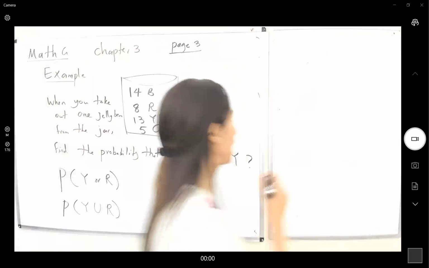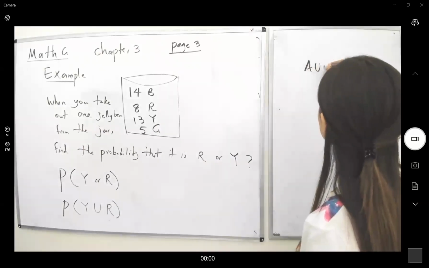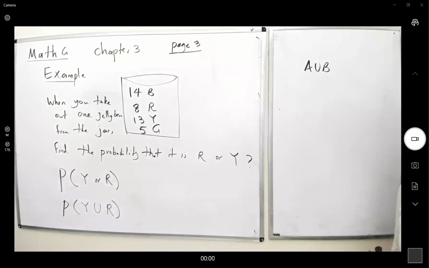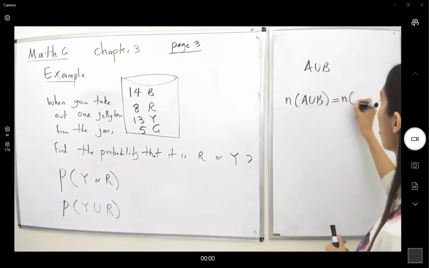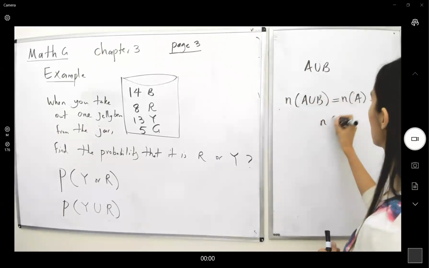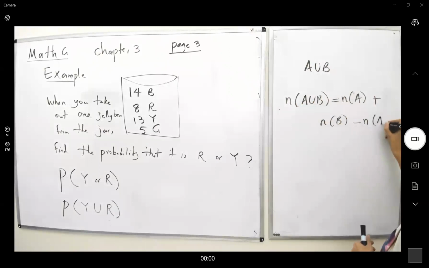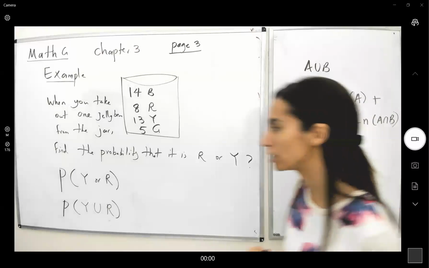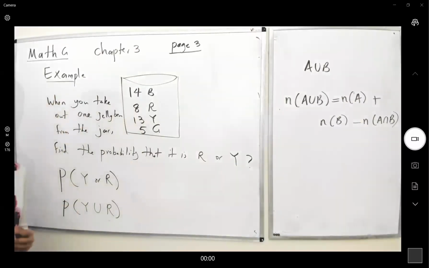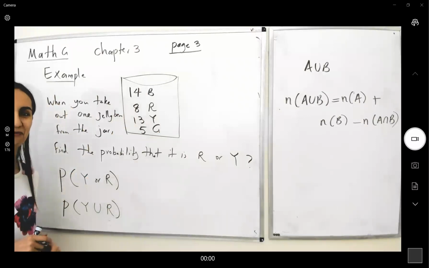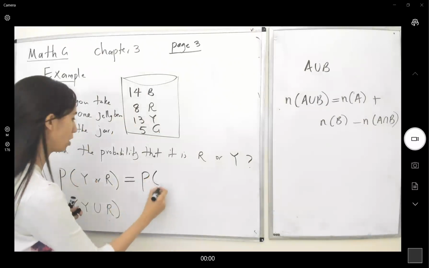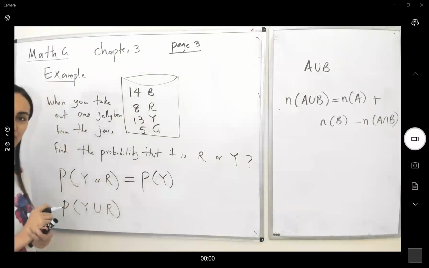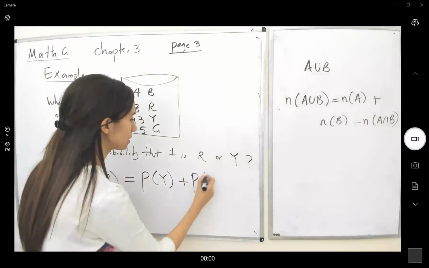Recall that when you have A union B and we want to find the cardinality of A union B, this is equal to the cardinality of A plus cardinality of B minus the cardinality of their intersection. Do you have an intersection here between yellow and red jelly beans? Of course not.